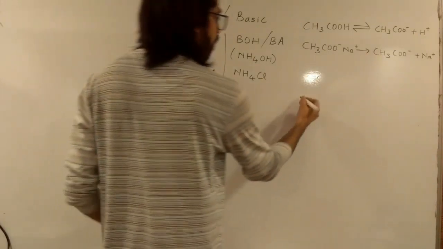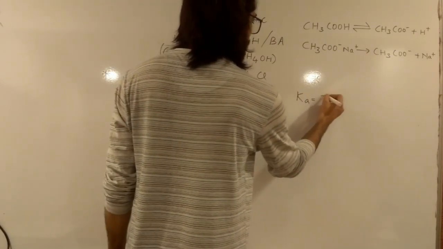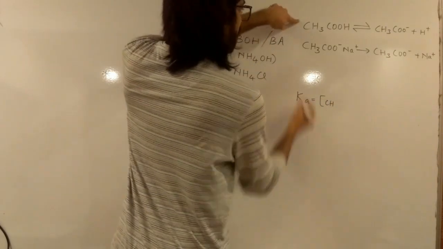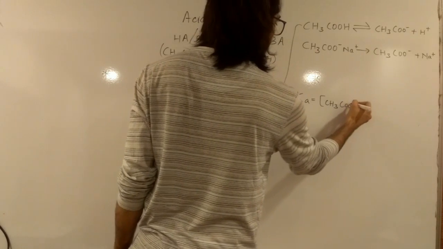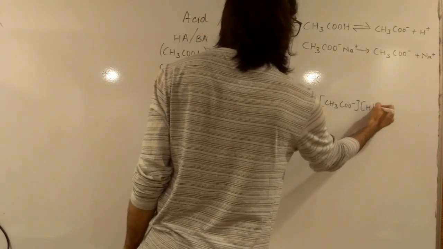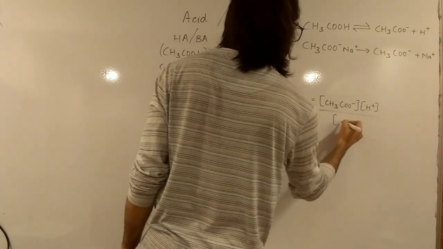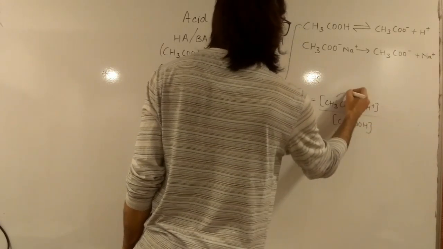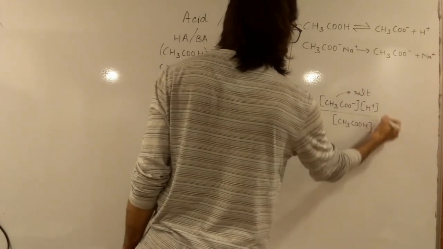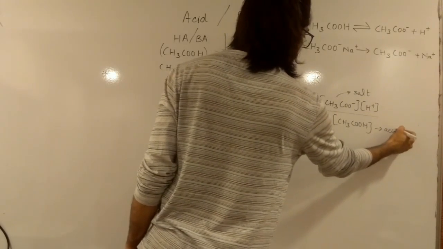Go for applying the formula of Ka. The dissociation constant will be CH3COO minus into H plus upon CH3COOH. Like I said, this becomes the salt concentration, this becomes the acid concentration.